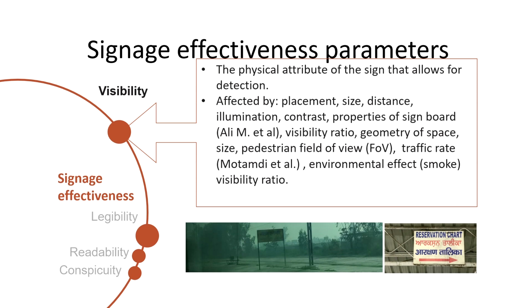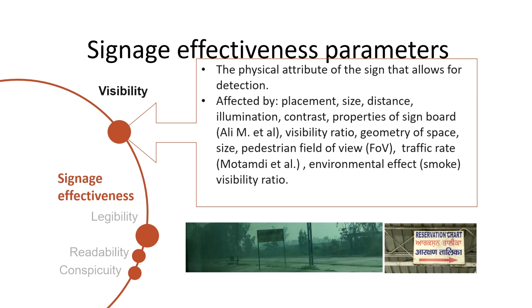Signs placed within the natural line of sight of a pedestrian or driver are more likely to be noticed. Similarly, signs in areas with slower moving traffic allow better visibility and comprehension. Environmental conditions can also affect visibility.